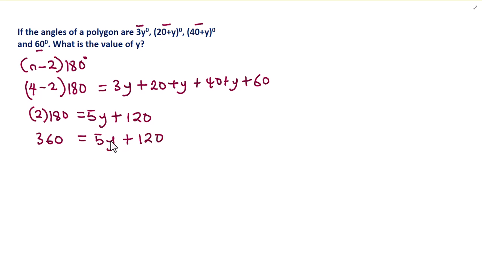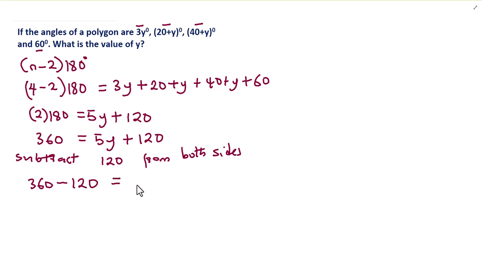So at this point, we are meant to solve for the value of y, right? So we have to make y stand alone. Let's subtract 120 from both sides. That is the same thing as collecting like terms, 5y plus 120 minus 120. So 120 and 120 cancel out, and we are left with this. So 360 minus 120 is going to give us 240, right? So 240 is equal to 5y.